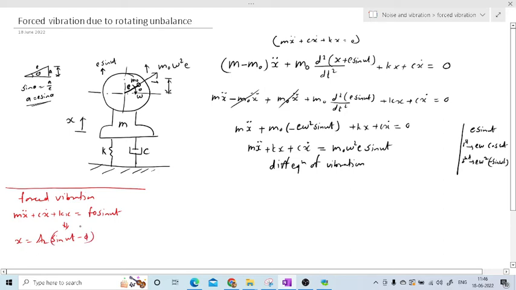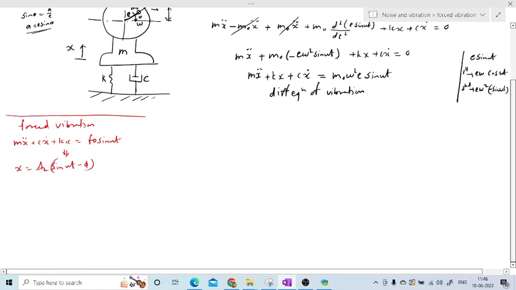And this a2 means amplitude of vibration, or you can say x. So in this solution, the amplitude of vibration comes out as f naught by k divided by root of 1 minus omega by omega n whole square, plus 2 zeta omega by omega n whole square. So this is the formula.